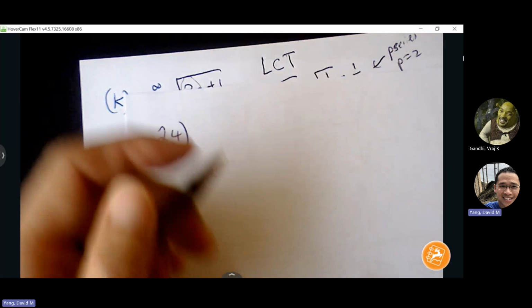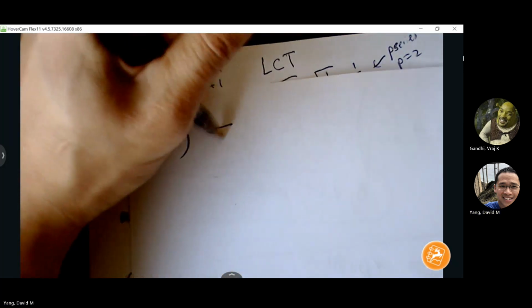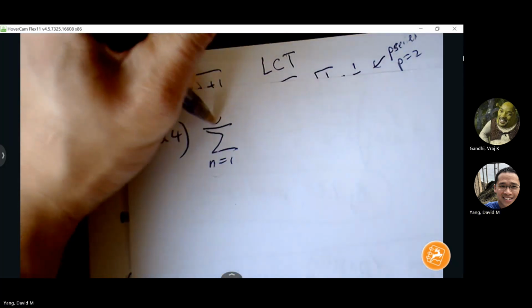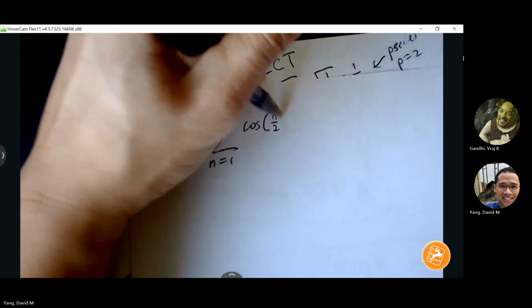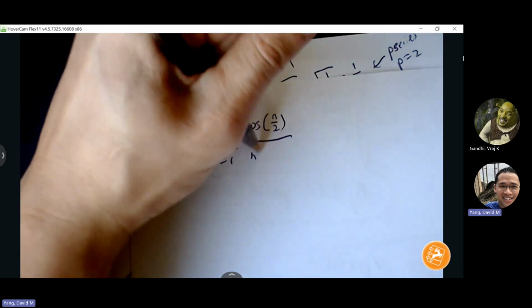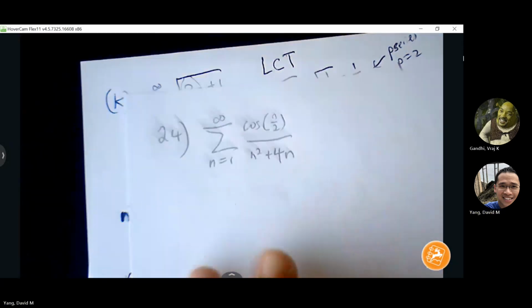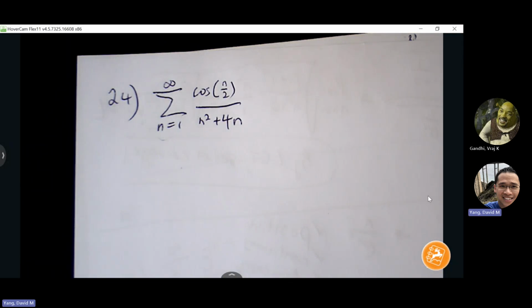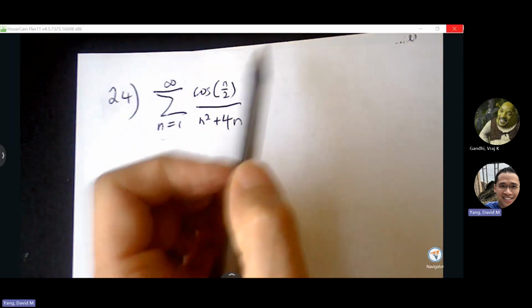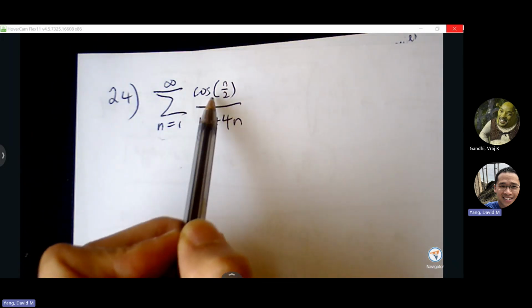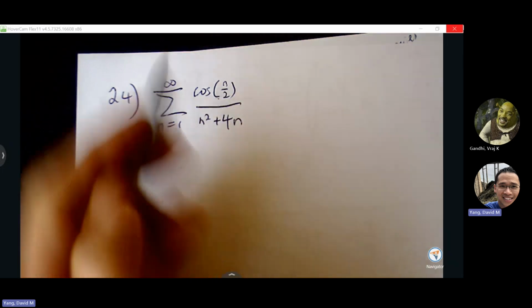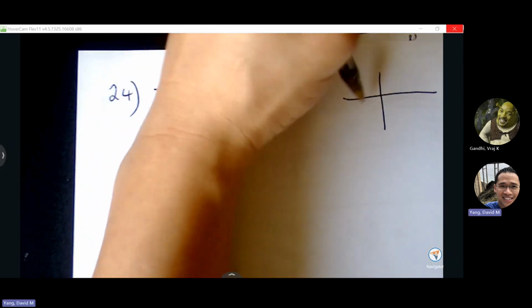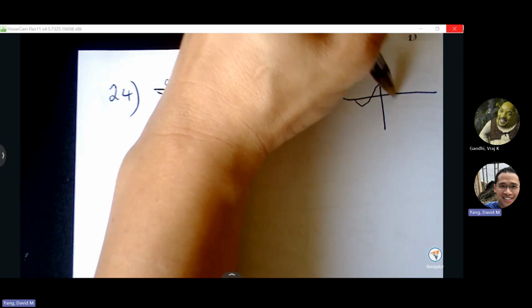All right, so this one here. Cosine of n over 2. If we think about how cosine is behaving, no matter if it goes to infinity, cosine is always going to hover between -1 and 1.